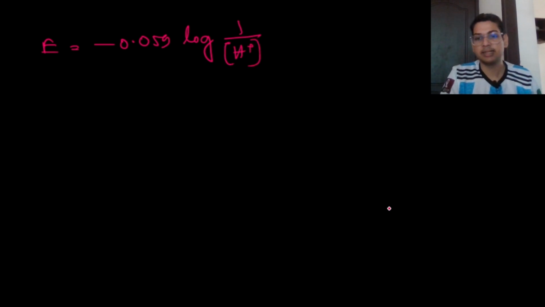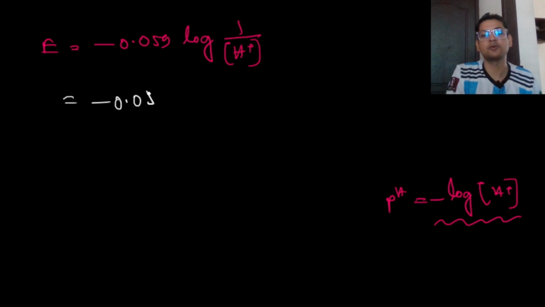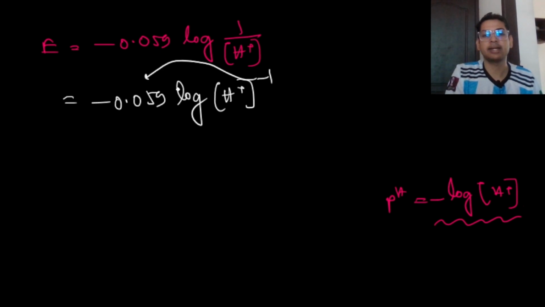Always remember that pH is equal to minus log of the H plus ion concentration, right? If you write it, you can get to this part as pH. My motive is to go till that part. So minus 0.059, can I write it as log H plus to the power minus 1? Yes sir, that minus 1 I can take outside. I hope you know the log properties, right?